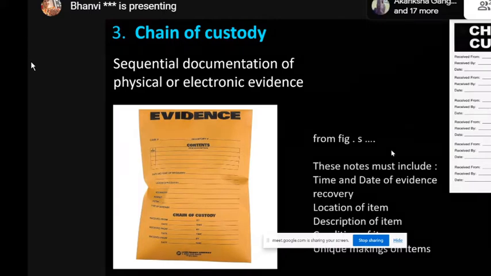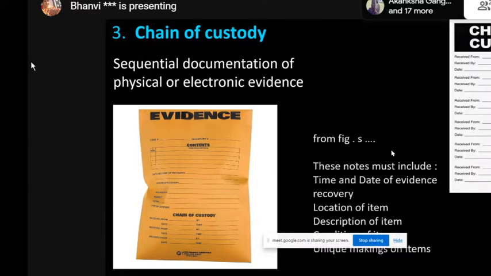A forensic investigator carefully studies the scene and takes photographs and detailed notes for each piece of evidence found. As you can see here from the figures, these notes must include the time and date of evidence recovery, location of the item, description of the item, condition of it, and the unique markings on the item.